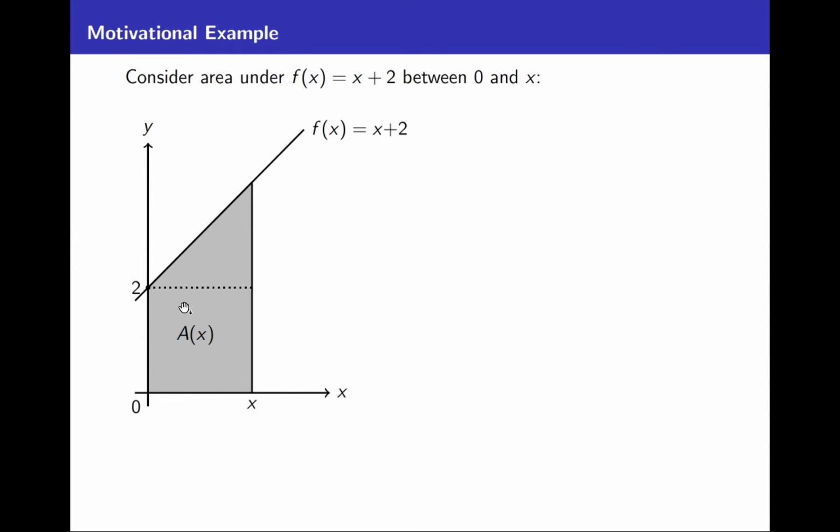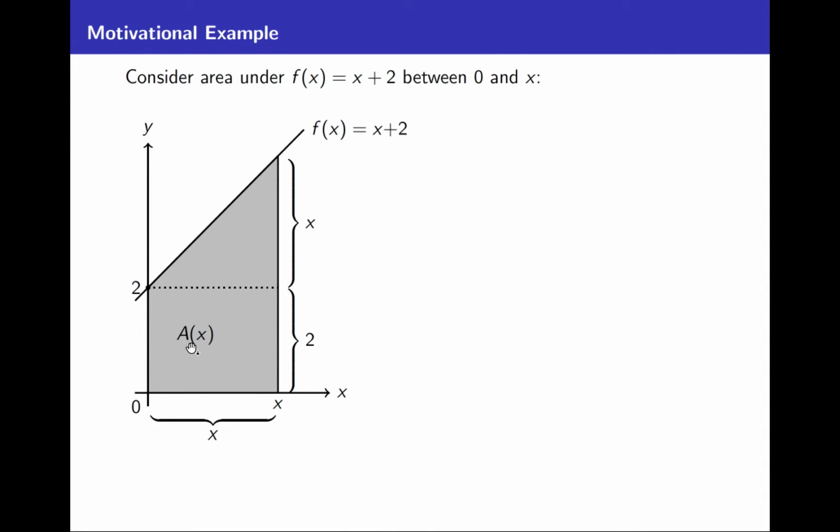And as x changes, those shapes, the rectangle and the triangle, get bigger as x gets bigger. Let's think about their areas. The rectangle always has a height of 2, but its base is x. So this rectangle is x by 2 units, so its area is 2 times x square units.